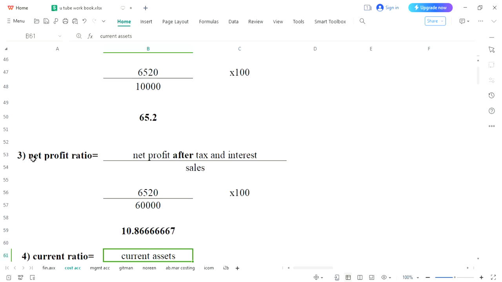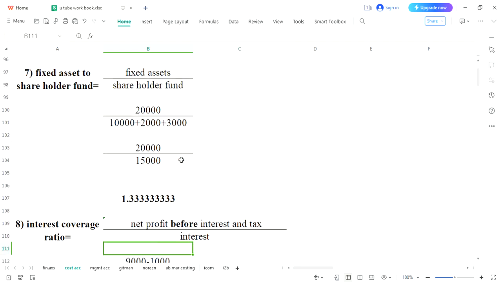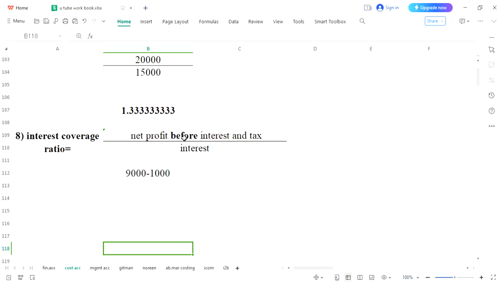Then in the third formula, net profit after. But in interest coverage ratio, we need before. To make it before, we do not need to tackle interest and tax, that is already before, we are just subtracting salaries. And now after this we need to put the amount of interest.